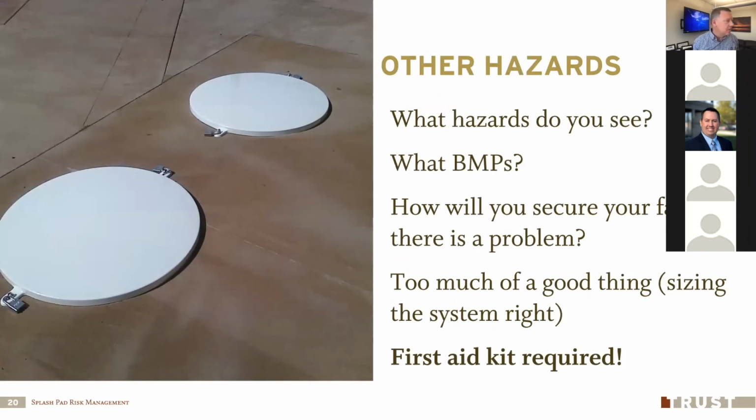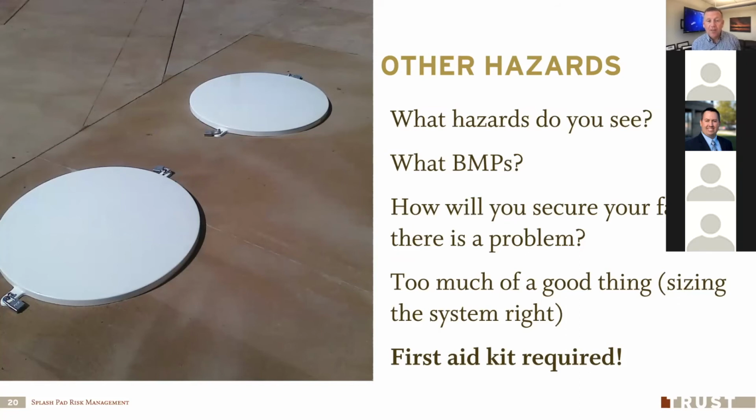This is a picture I took at a splash pad. And I ask you, what hazards do you see? These are lids on the tanks that the water goes into, and I believe in this situation there was some other equipment down there as well, but it's out in an open area. Well, here are some hazards that I see.